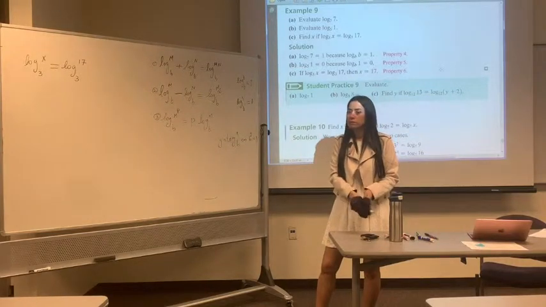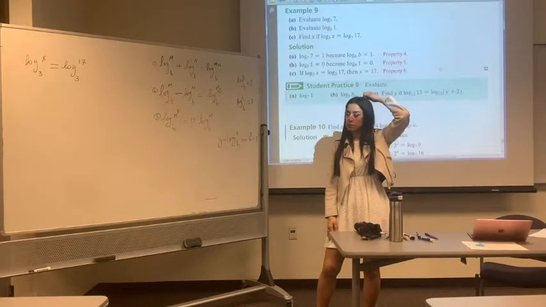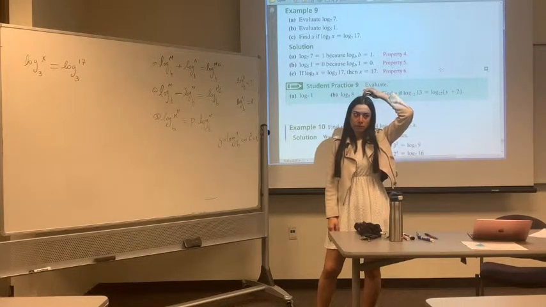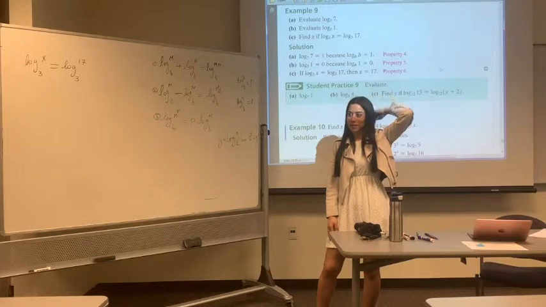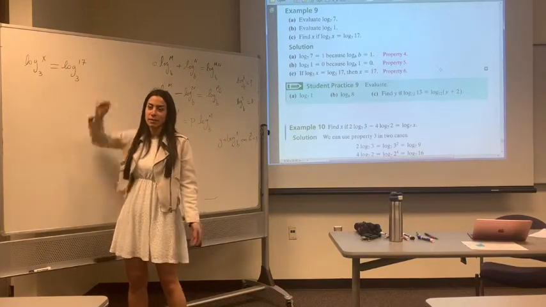What is x here? 17, right? Otherwise it wouldn't be equal. So it should be exactly the same. The bases are exactly the same, so these two should be exactly the same, right?